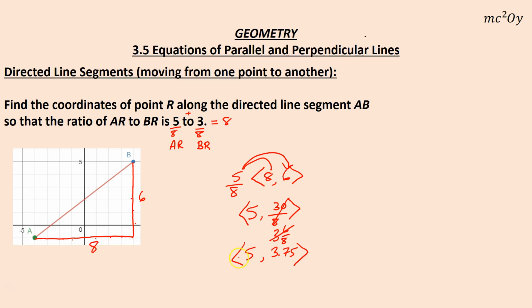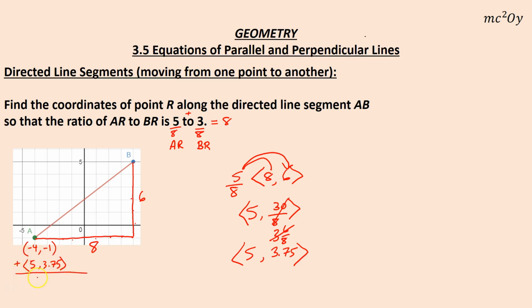But note, this is the amount you're moving from A. Okay, so we've got to go back to point A, and point A is at, in this case, 1, 2, 3, 4, negative 4, and negative 1. And we're moving 5, 3.75. Which means we have to add those.